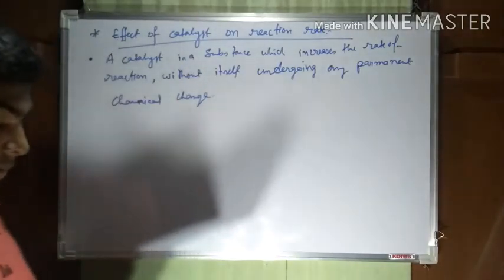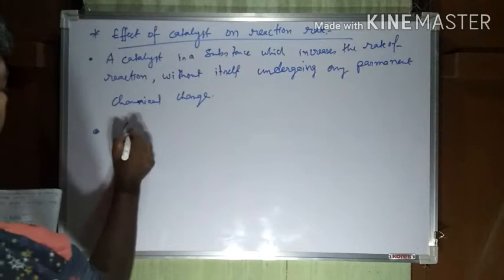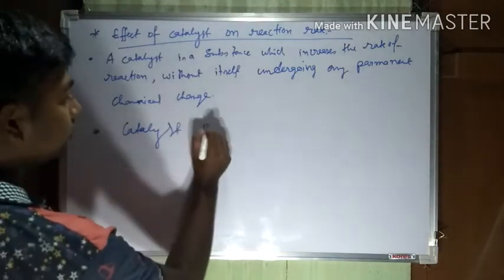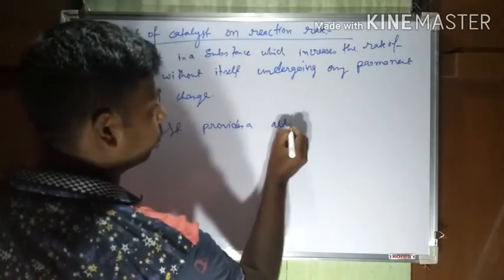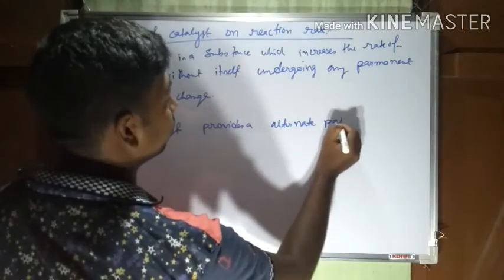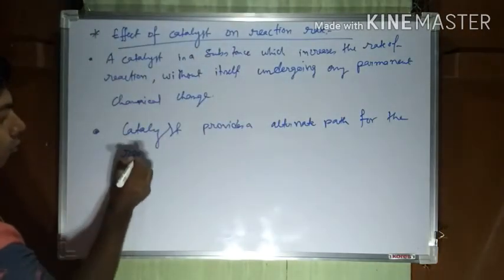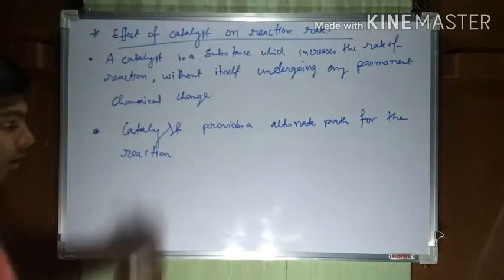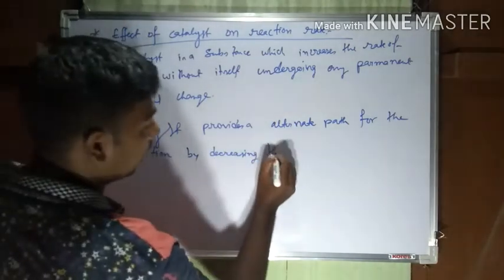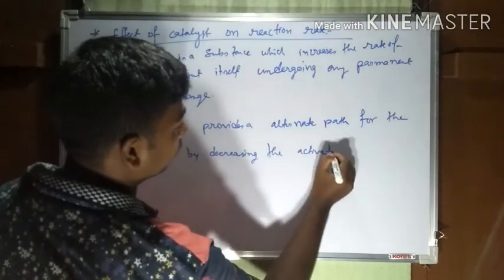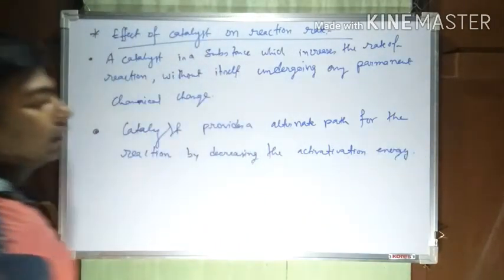Next, a catalyst provides an alternate path for the reaction by decreasing the activation energy.